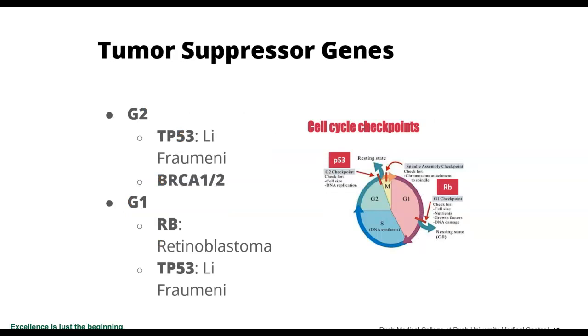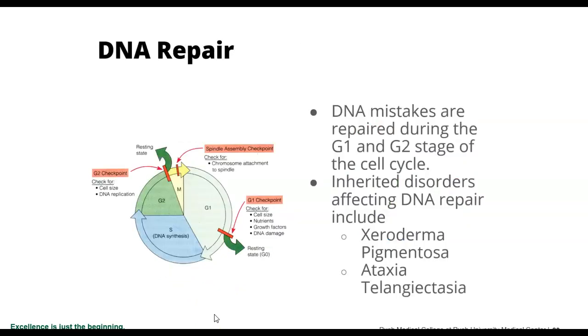So this G2 checkpoint, Li-Fraumeni, we're going to talk about the breast cancer gene in the next case, and G1, RB, retinoblastoma, and the TP53.